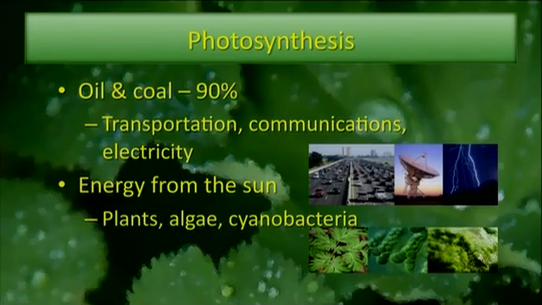Plants, algae, and cyanobacteria are the only organisms on the planet that do photosynthesis. Animals don't do photosynthesis. Fungi don't do photosynthesis. Cyanobacteria are also known as the blue-green bacteria, or blue-green algae.